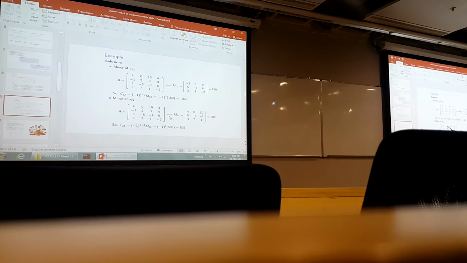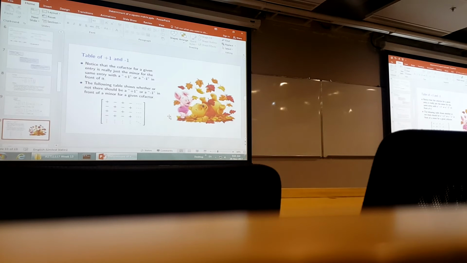Whenever it is negative, the cofactor is the negative of the minor value in that position. It is just the difference between cofactor and minor. Once again, follow this pattern. Whenever the position is positive, the cofactor is the same as the minor. Whenever it is negative, the cofactor is the negative of the minor value.